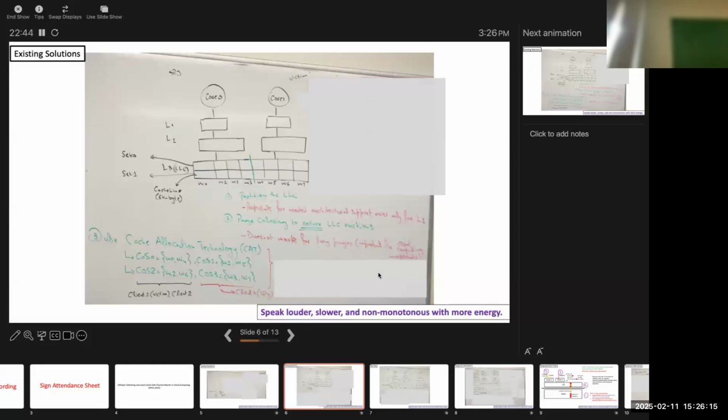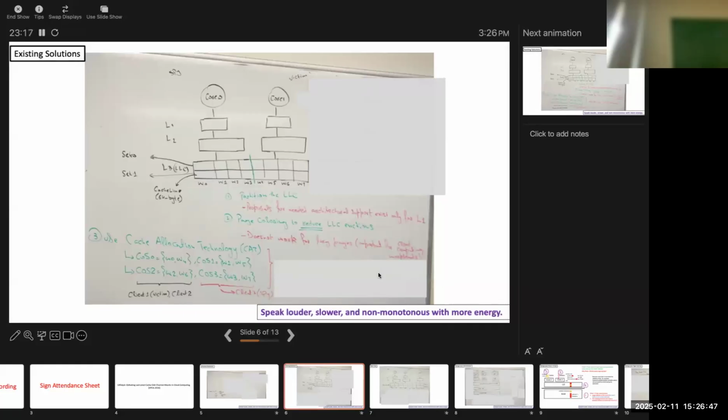Okay, so you are saying why the CAT-based solution is better than the others? Why their idea, which is repurposing CAT to defend against the LLC side channel, is better than partitioning the LLC and page coloring.